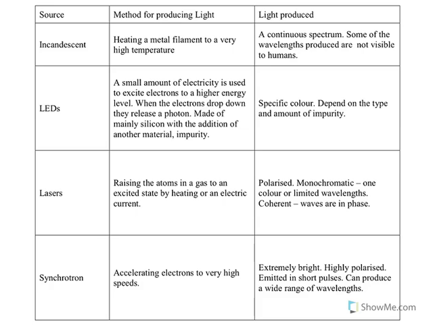Alright, so the last bit, and that's in the study design, says to compare light sources. So there's a few different things. Incandescent light, which is kind of like your normal light bulb: you heat up a metal, and this is what you get out of it, a continuous spectrum. LEDs, in the middle there, we get specific colours depending on what they're made of. Lasers, again, we get specific colours depending on what they're made of.